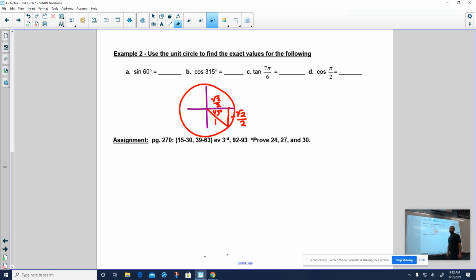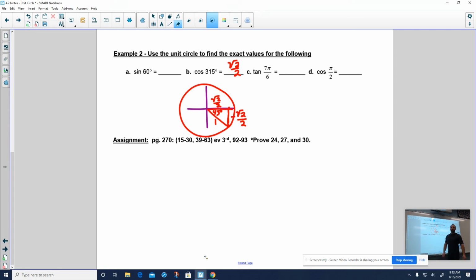Now I can do anything I want with cosine, sine, or anything else of 315. You just got to make this picture real quick. So the cosine of 315 degrees, cosine is the x value or the adjacent side. There's my answer for the cosine of 315 degrees.